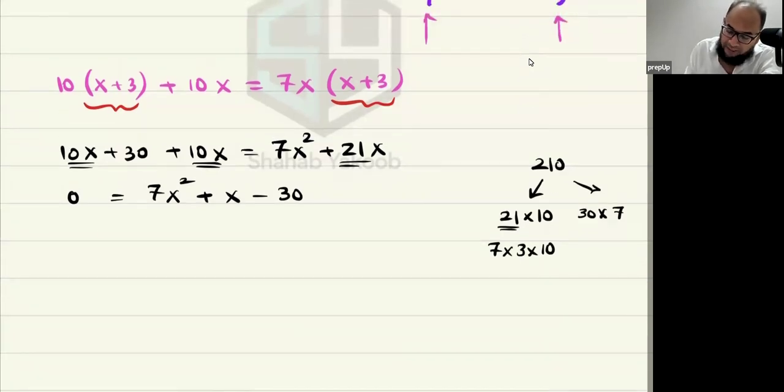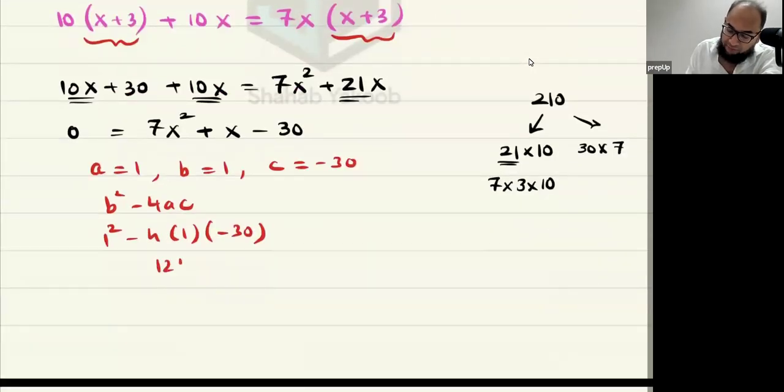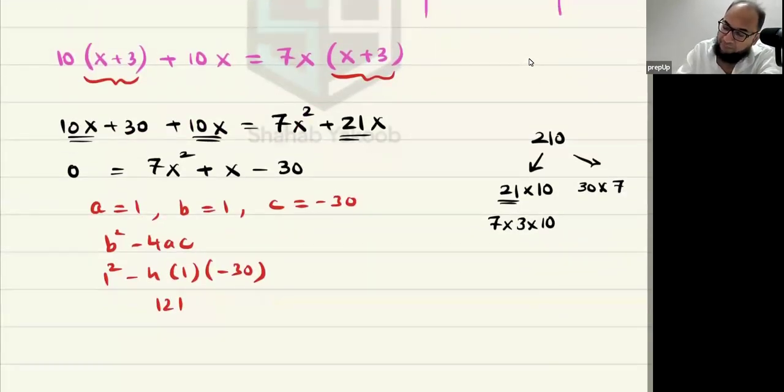So therefore, a is 7, b is 1, c is negative 30. Let me evaluate b square minus 4ac, which is 1 square minus 4 into 7 into negative 30. So that is 841. And let me add a page over here.